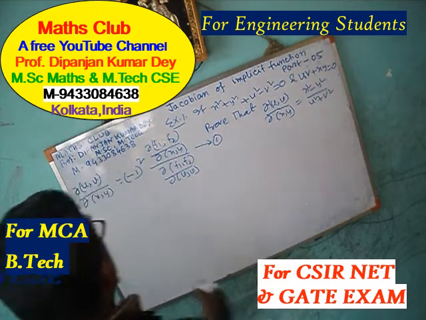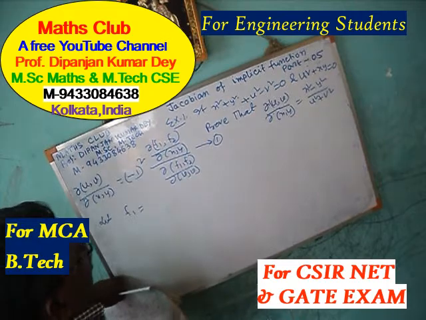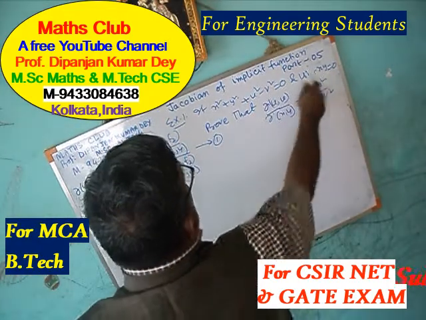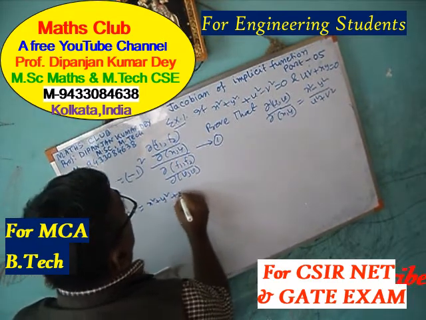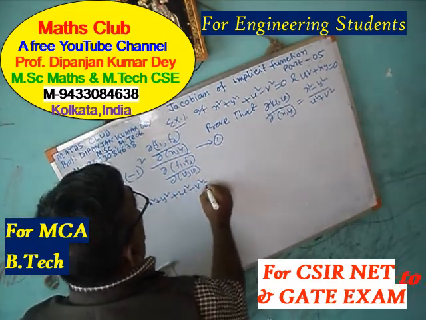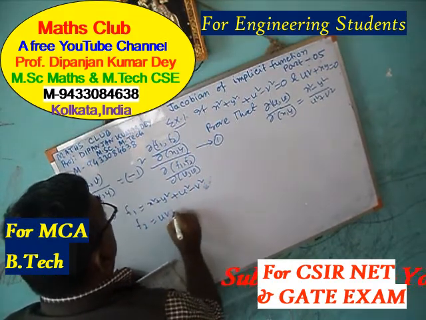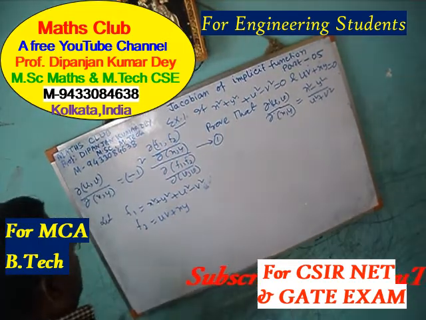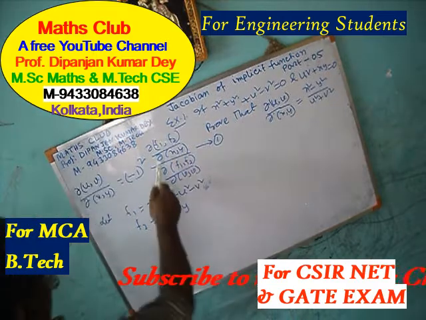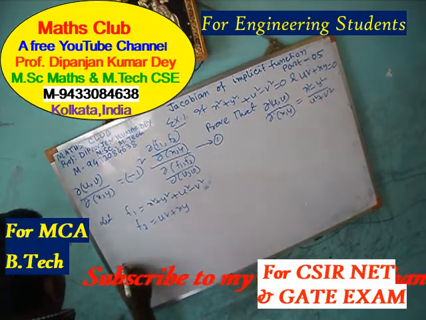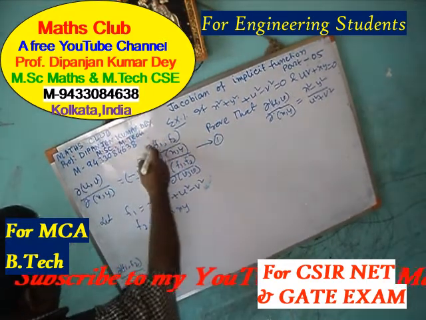So let us choose f1 equal to x square plus y square plus u square minus v square, and f2 equal to uv plus xy. Okay. Now you have to find del(f1,f2) by del(x,y), the numerator part.